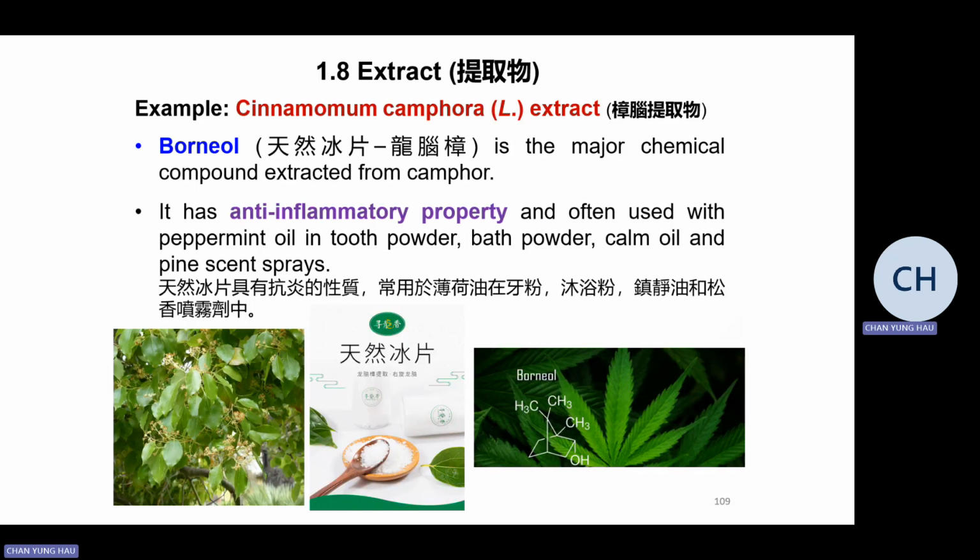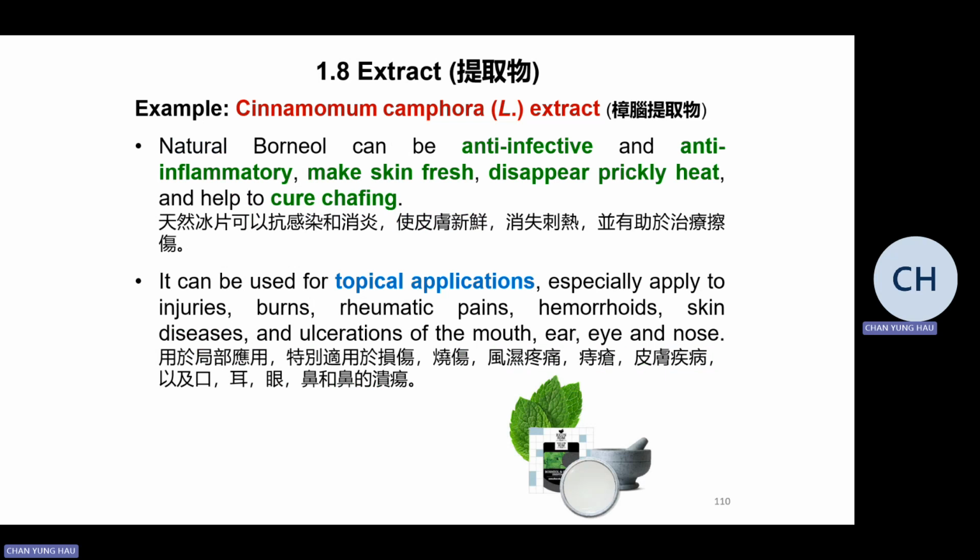Another one is the cinnamomum camphora extract. One major chemical from this extract is borneol, the major chemical extracted from camphor. It has anti-inflammatory properties and is commonly used with peppermint oil in talcum powder.